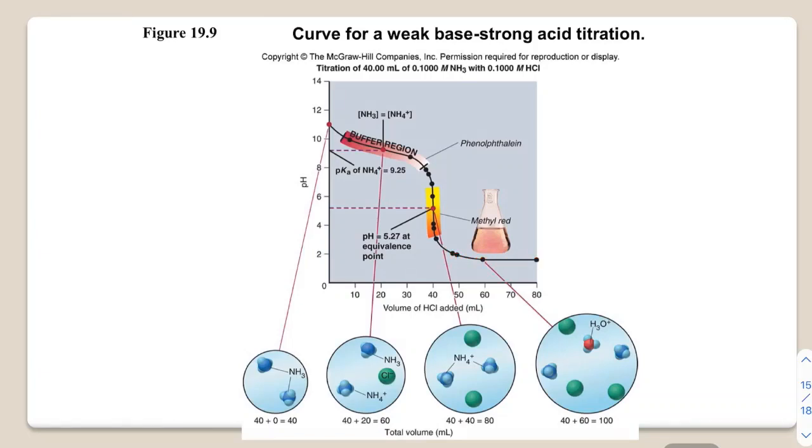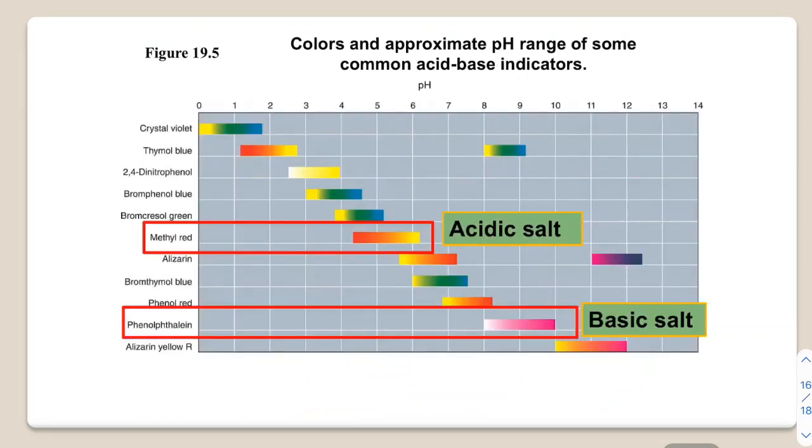So if we have a reaction between this weak base and strong acid, we'll use methyl red as the indicator. The method to calculate the pH at 4 different points is the same as what we have discussed in strong base weak acid titration. So these are the list of the acid base indicators that we have.